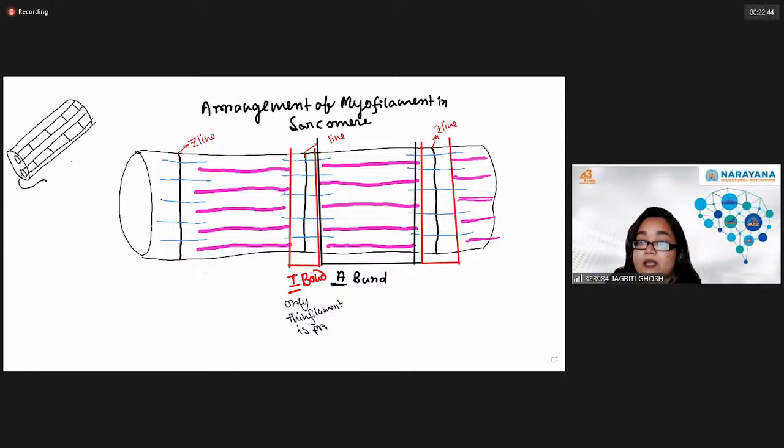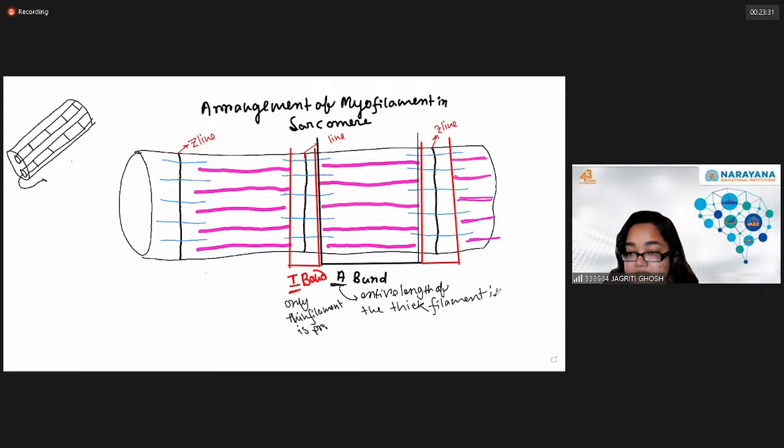We can write it down: the entire length of the thick filament is the A band.